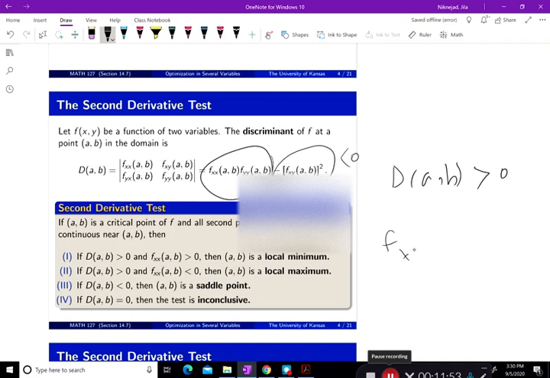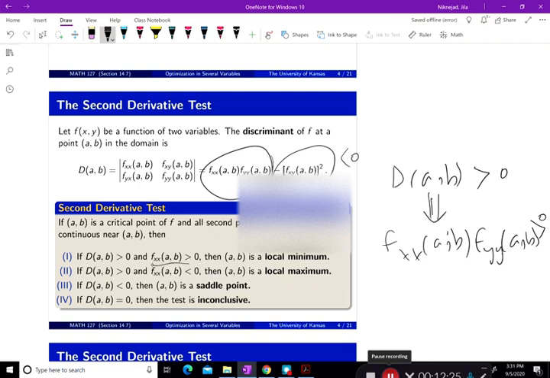So f sub xx of (a, b) times f sub yy of (a, b) has to be bigger than 0. If this product is bigger than 0, the discriminant is going to be bigger than 0, obviously. But if the discriminant is bigger than 0, this product has to be bigger than 0.